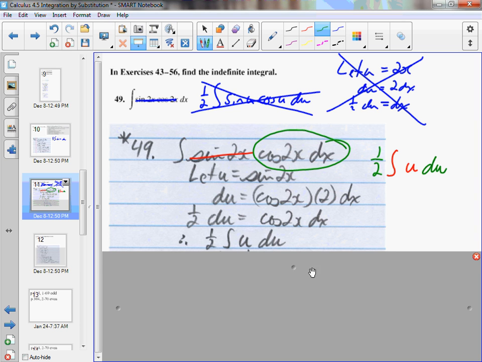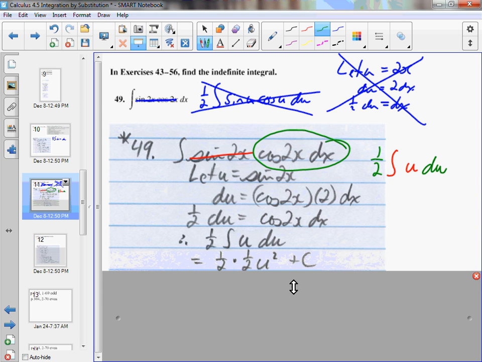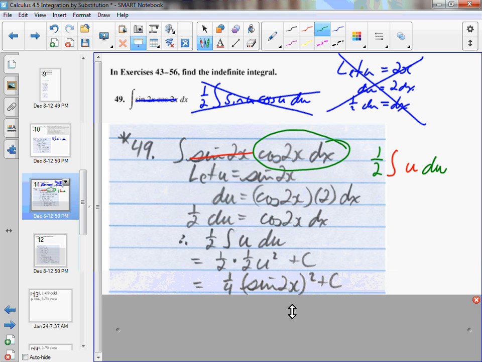So we leave the 1/2 out in front. We take the antiderivative of u, so we use the power rule for antiderivatives. So that'll be 1/2 u squared. Don't forget the plus c. And now we've got to do two things. We need to multiply our constants together, and we need to replace u with what it equals. So we multiply 1/2 times 1/2 and get 1/4.